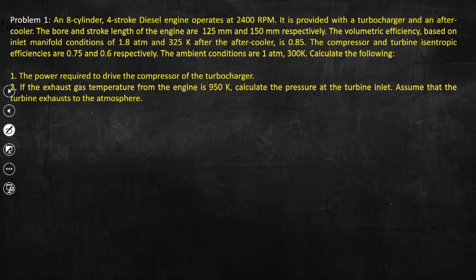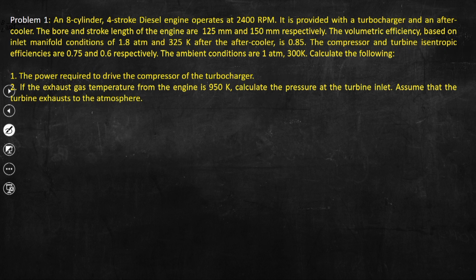Calculate the following: the power required to drive the compressor of the turbocharger. If the exhaust gas temperature from the engine is 950 Kelvin, calculate the pressure at the turbine inlet. So, this is very important. Assume that the turbine exhausts to the atmosphere.